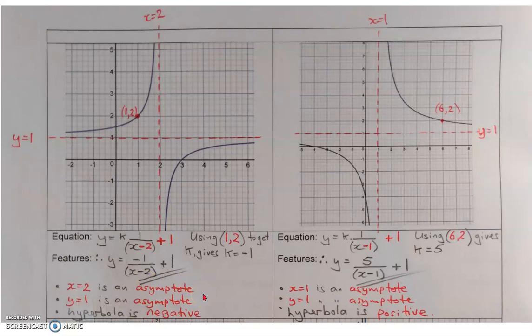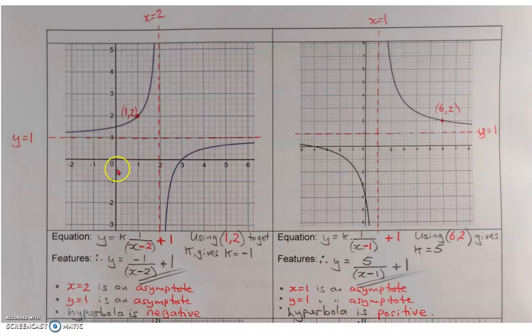Okay, so when we look at the equation, we have to build up the equation, keeping in mind what these asymptotes are. Because when we write the equation, we're going to write y equals k times 1 over x. But in this case, the standard hyperbola has been moved 2 units this way to this asymptote here.